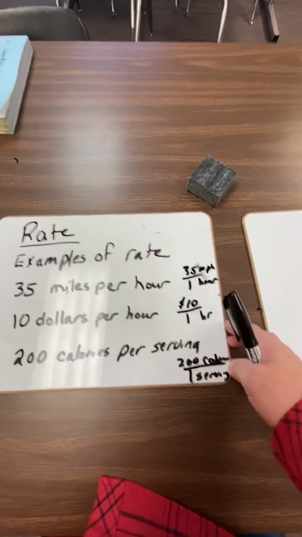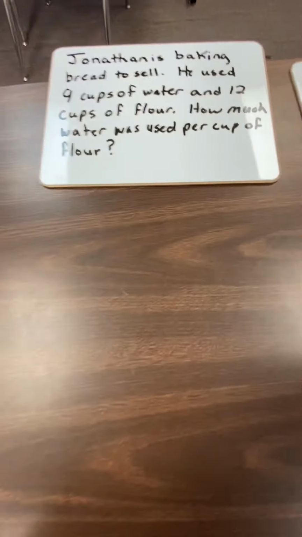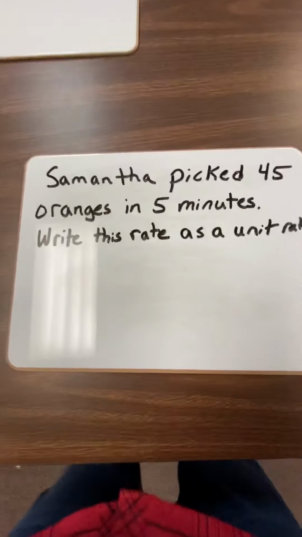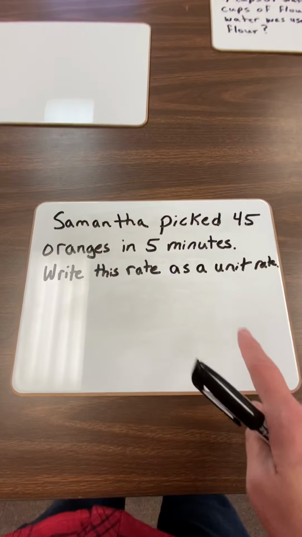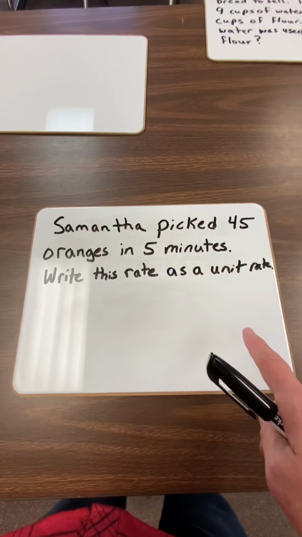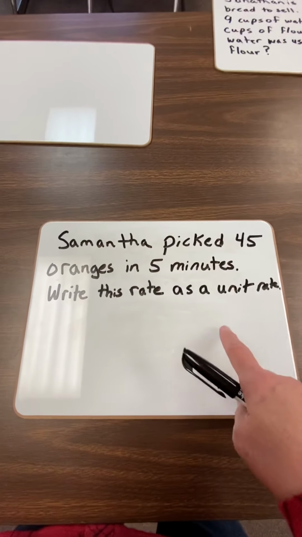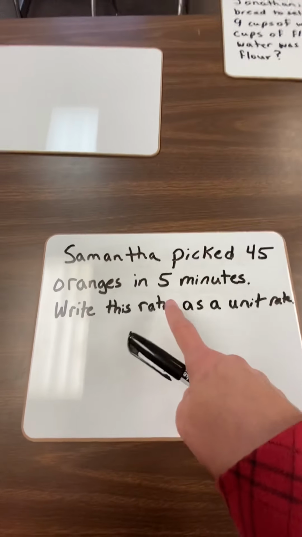Okay. Now, let's look at it in a word problem. This word problem states, Samantha picked 45 oranges in 5 minutes. Write this rate as a unit rate. 45 oranges in 5 minutes. So we have to determine, unit rate means how many can she pick in 1 minute.